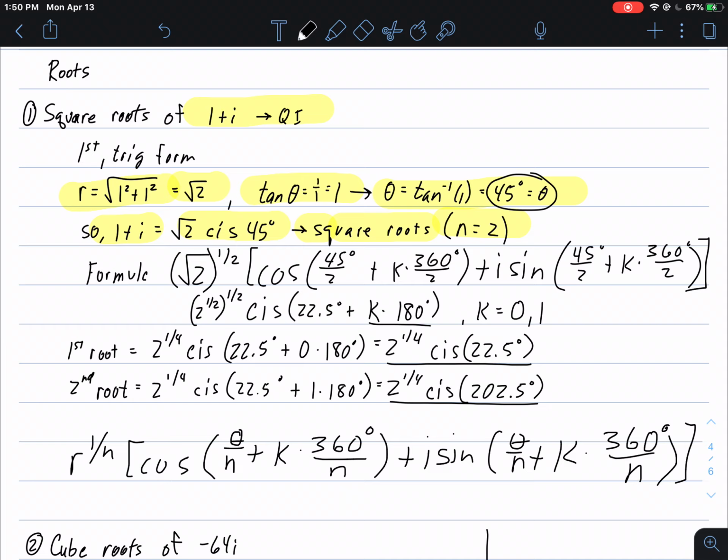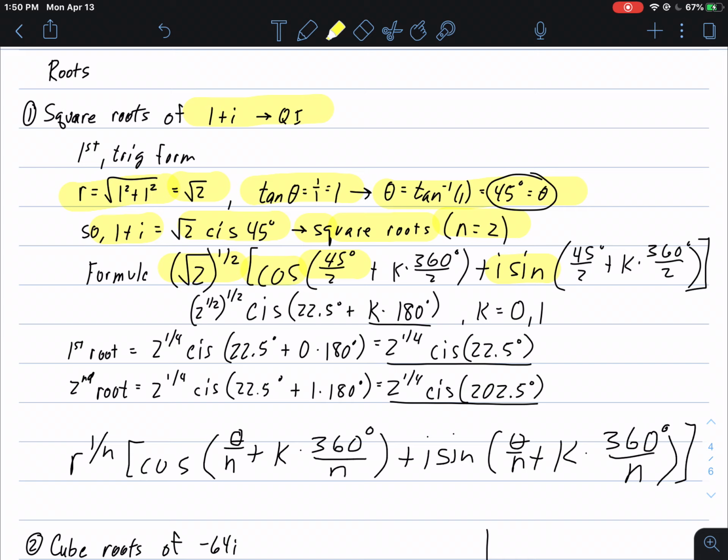So I'm just plugging in my n value and r value to start this off. So I've got r to the 1 over n, square root of 2 raised to the 1/2 power. And then here's our cosine plus i sine of theta over n.